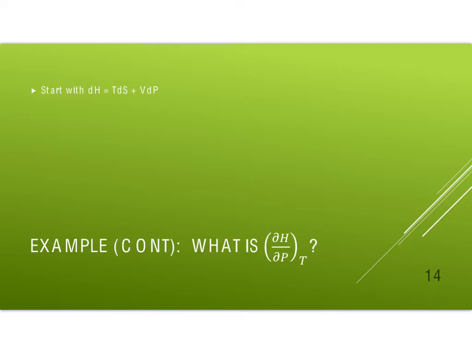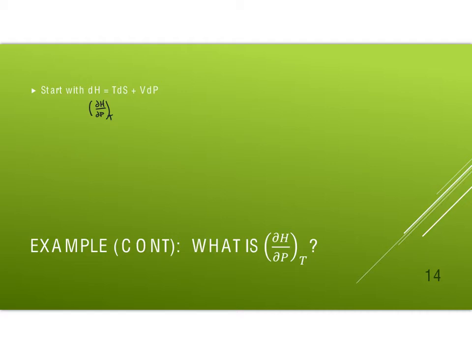So let's start with dH equals TdS plus VdP. Okay, back to the fundamental relation. And what we're wanting to find is, using this, what is (dH/dP) at constant temperature. That was the question that we had from the previous slide.